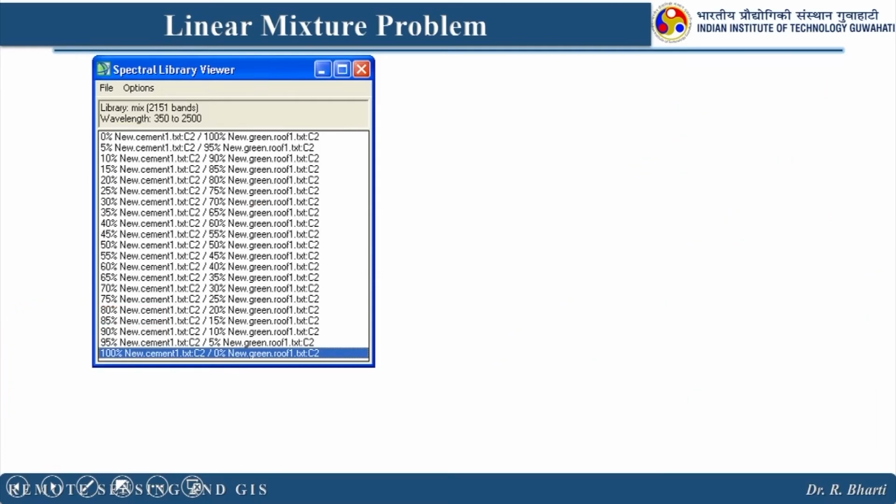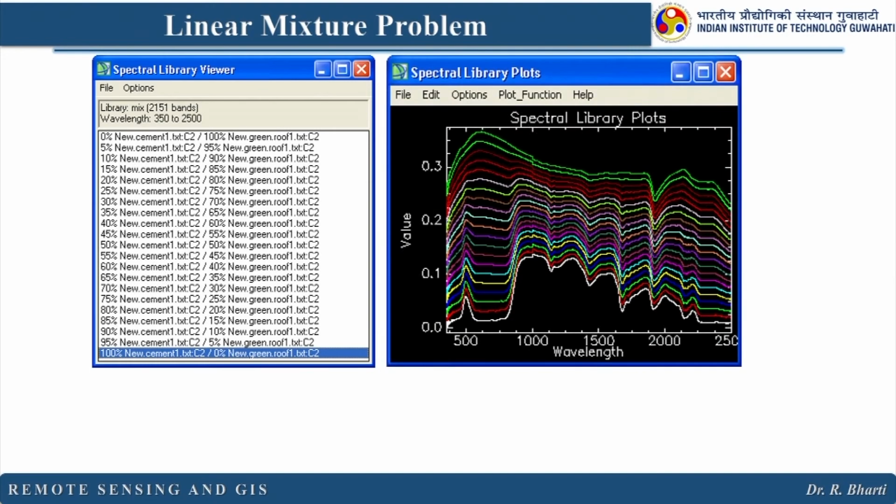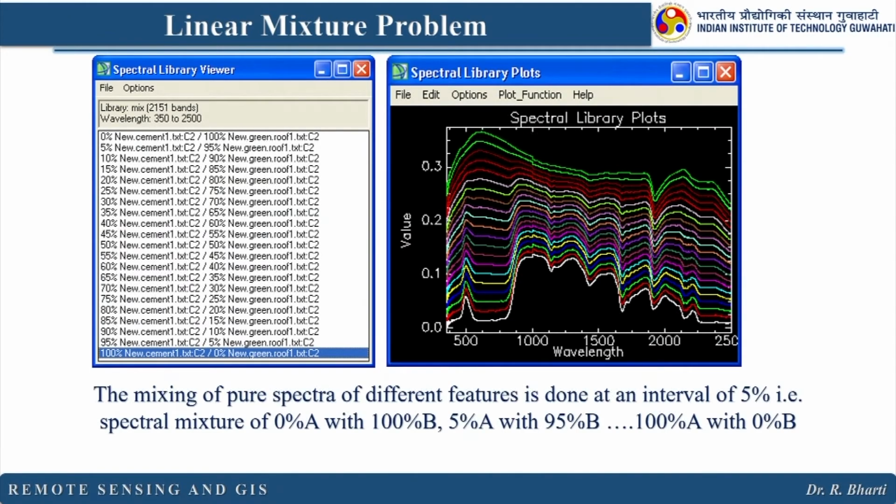So here this is one example where I am showing that you can add these materials in different proportions. So if you use maybe 0% A and 100% B, or 5% A, 95% B, or you can increase at an interval of 5% or 1%, then it will be for only two materials.